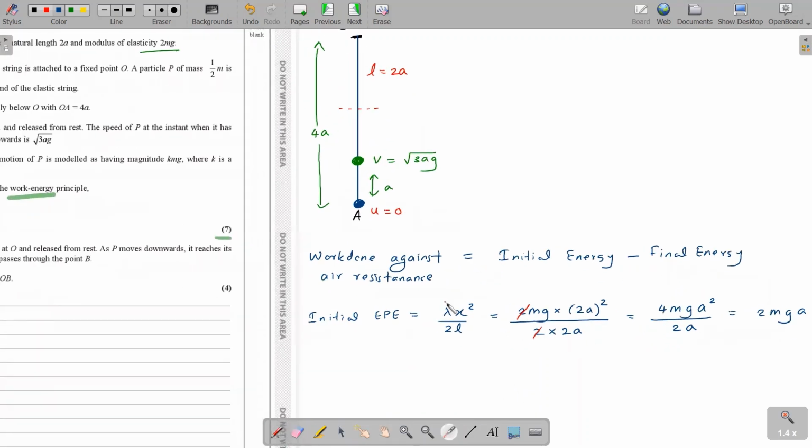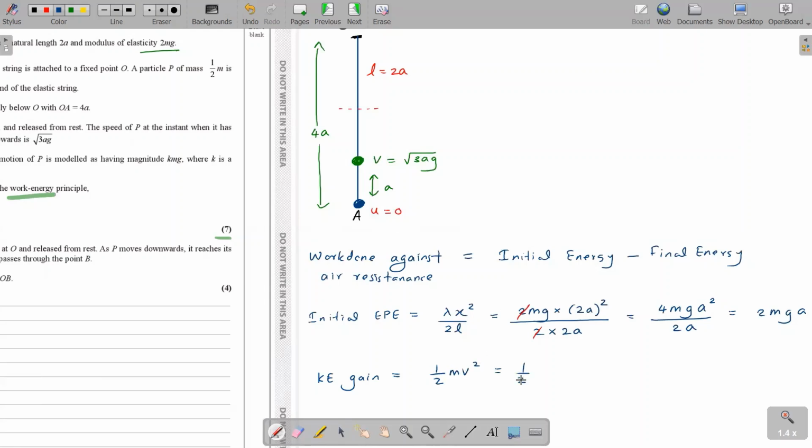So what's the next energy? Initially I have elastic potential energy, and then the particle is moving up, which means we have a GPE gain, and we also have a kinetic energy gain. Let's get those values. Kinetic energy gain is half mv squared, because we initially start at 0.